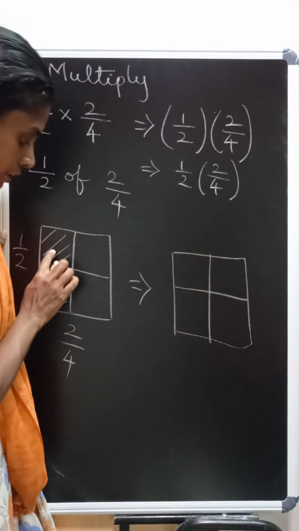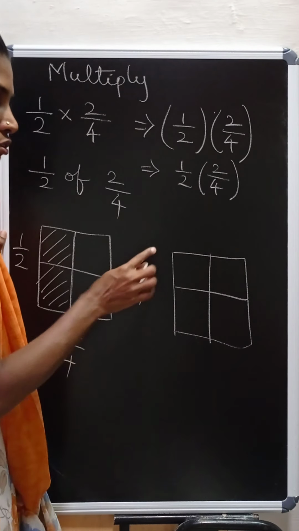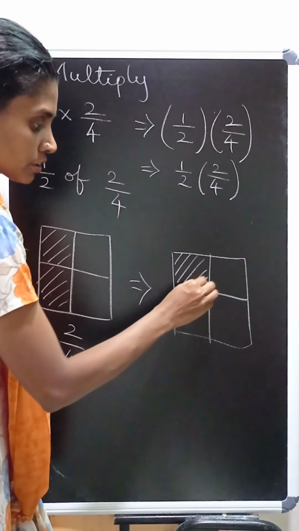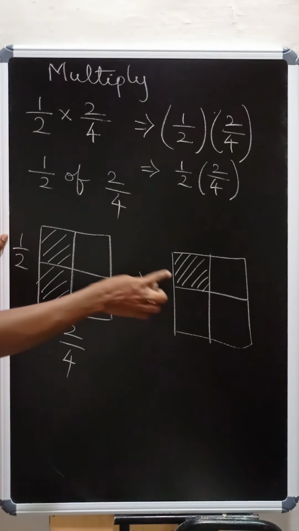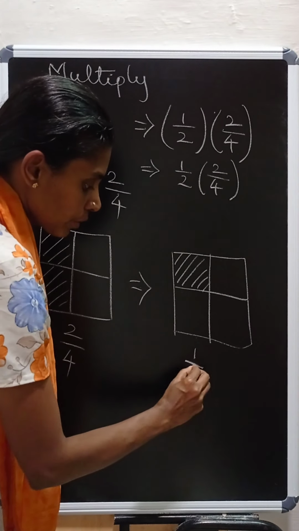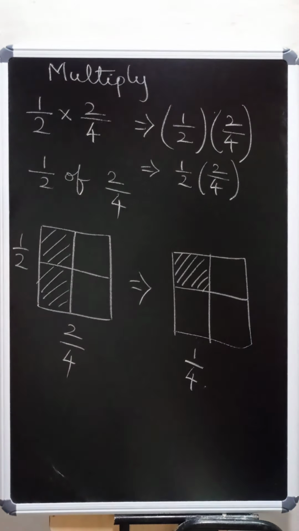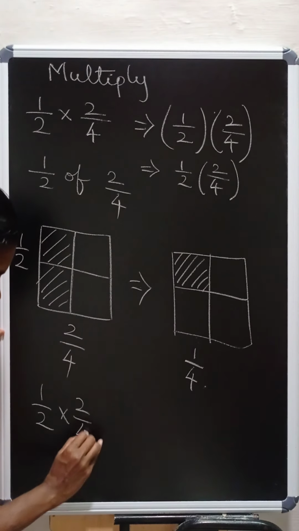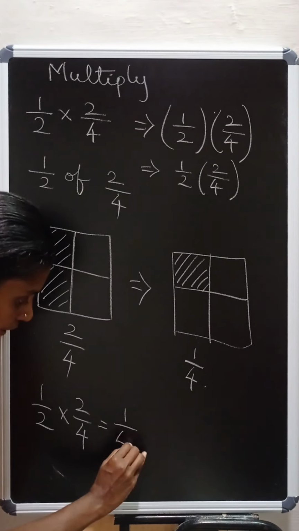So here 2 boxes are shaded. So half of the 2 is 1, right? So I have shaded 1 box. So now what answer have you received? 1 by 4. So the answer for 1 by 2 into 2 by 4 is equal to 1 by 4.